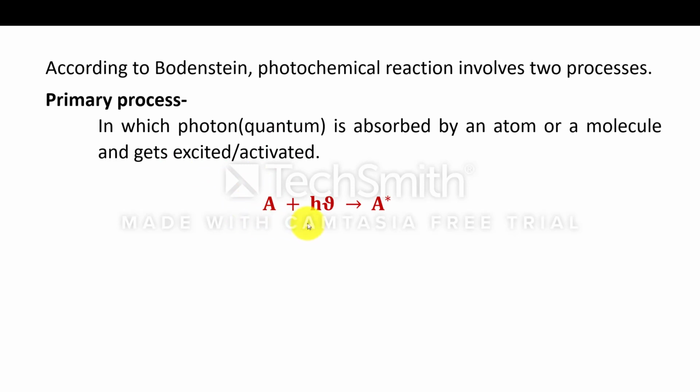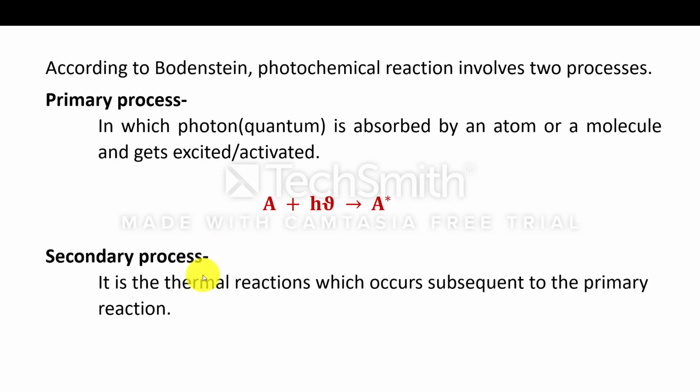So the molecule will absorb a photon of energy h nu and gets activated. Now in secondary process, this activated molecule will undergo subsequent reactions. The quantum yield for the primary process will be equal to 1, and it is the secondary process which changes the overall quantum yield of the reaction.